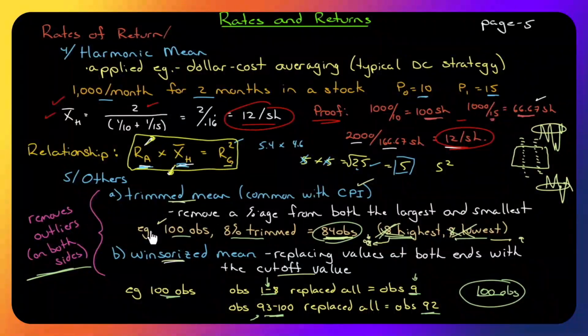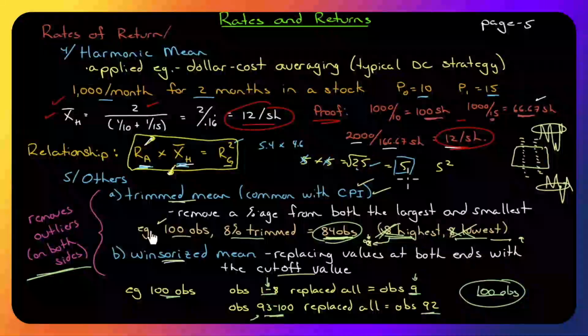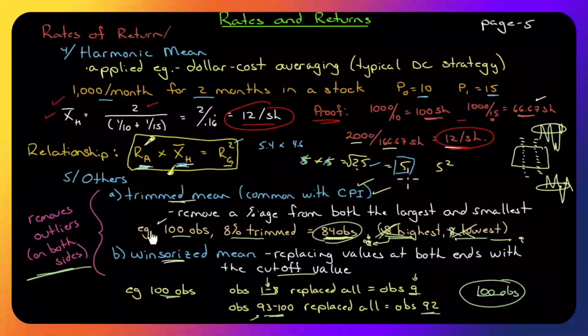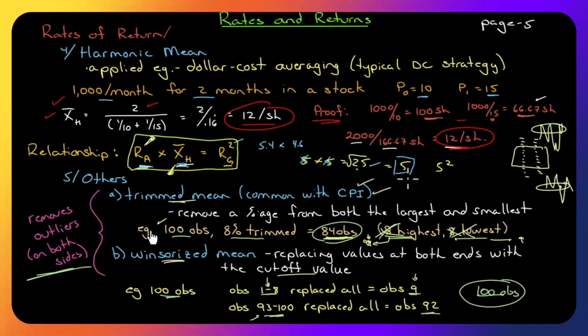When you look at CPI, it is very common to have the trimmed mean CPI reported because CPI does contain some volatile components. And if we want to get an idea of the true trend in the underlying price level, sometimes getting rid of those extreme things helps a lot to figure out what is a more smooth change in prices.